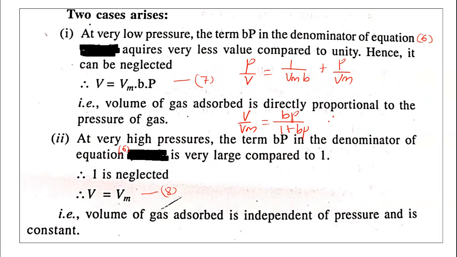So we modify this equation, therefore V equal to Vm into B into P divided by 1 plus Bp. This equation is also called a Langmuir's equation.